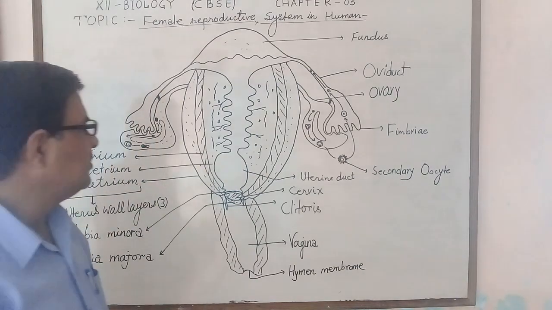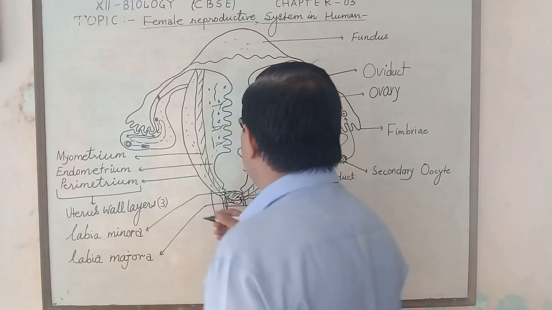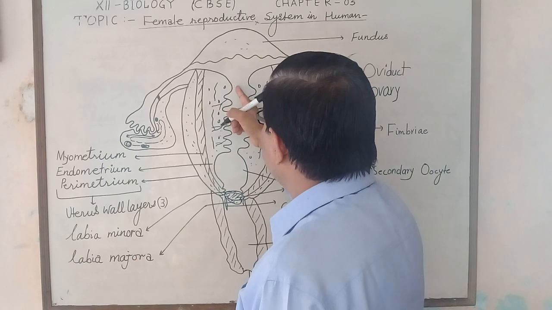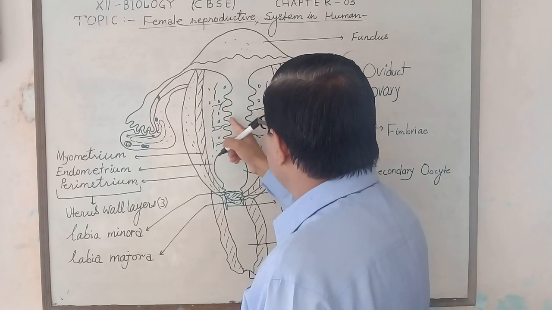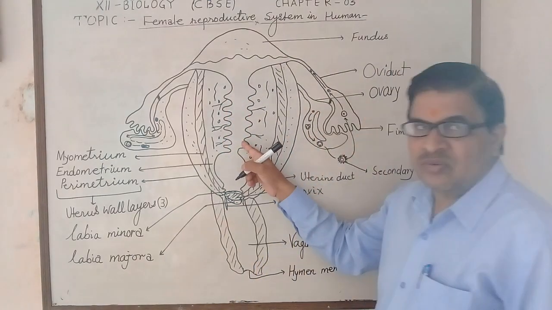The endometrium layer sometimes has continuous ridges and furrows.